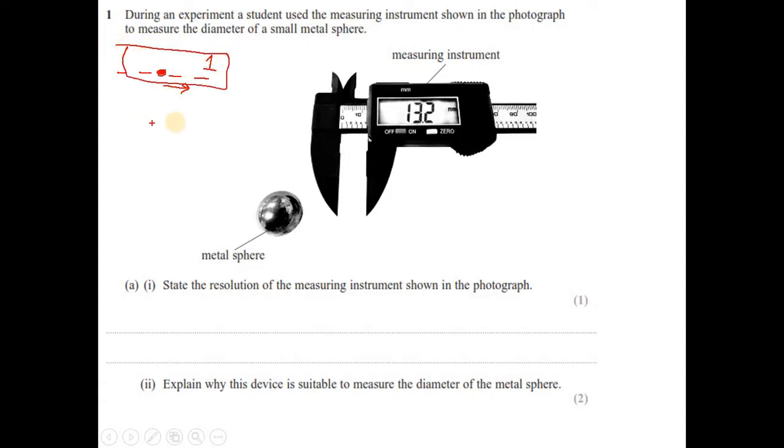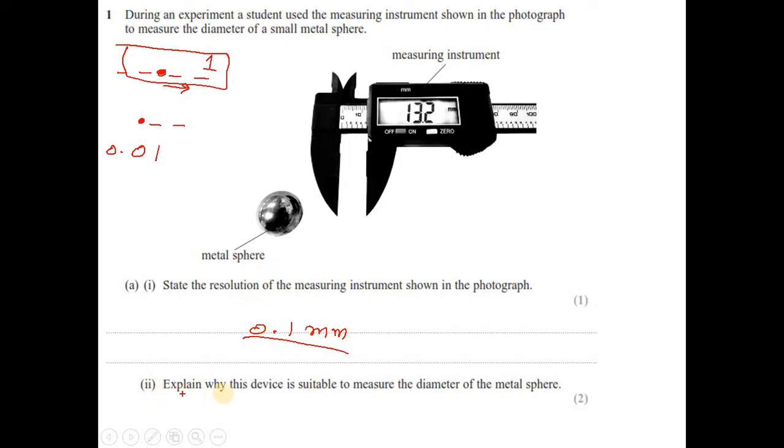Suppose you have 2 decimal places, you make the first one 0 and the last one 1, so the resolution is 0.01. But in this case, you have 1 decimal place after the decimal, so the resolution will be 0.1 millimeter. You can make it just 1. So this is the resolution.